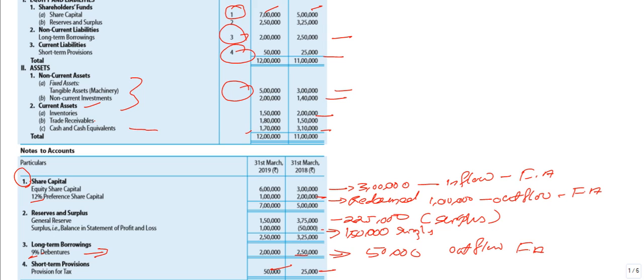Trade receivable: what's happening here? 1,50,000 increased to 1,80,000. That we have to deduct from our profit for calculating working capital changes. And here it is decreasing, so we can add it along with the profit to calculate the profit after working capital changes. I think this is the question evaluation.